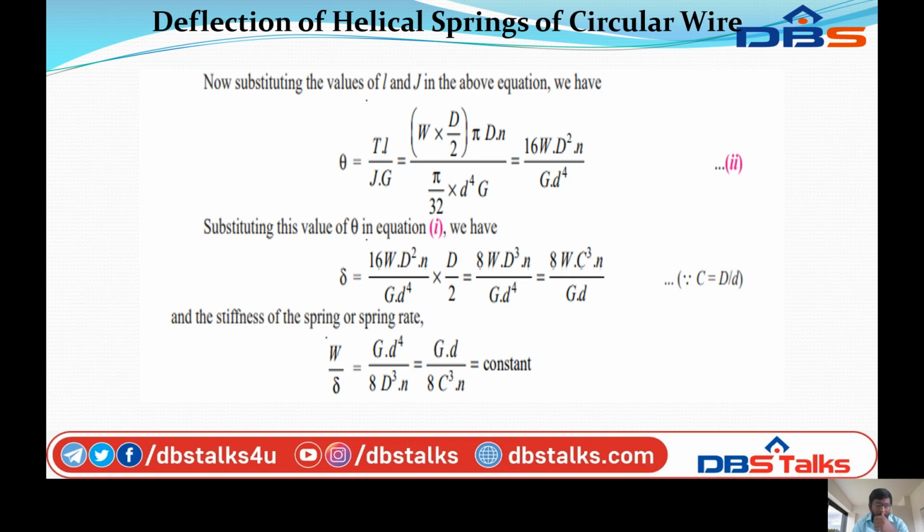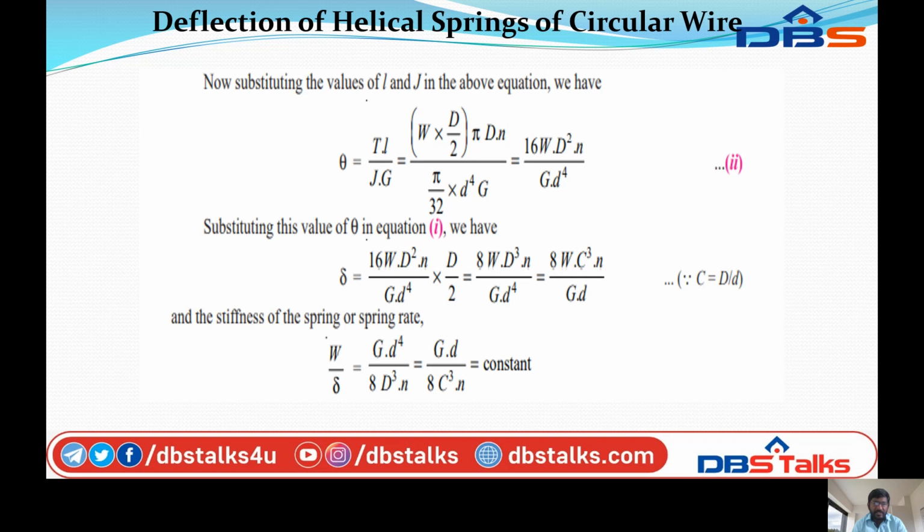Since C is equal to capital D by small d, cube means it has 3 capital D's and 3 small d's. So that's why we use the C cube.